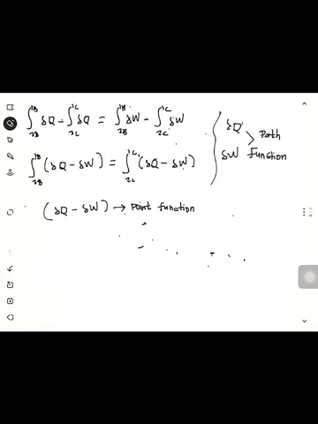So we know that a point function is a property, and as I mentioned earlier, it is denoted as E. This is called energy. This is a property.